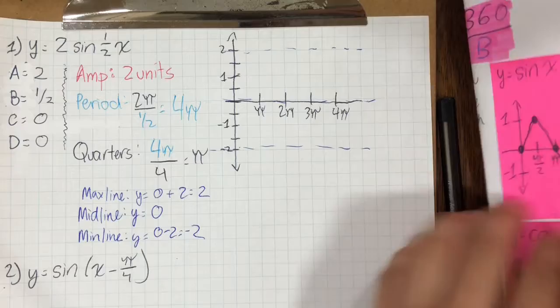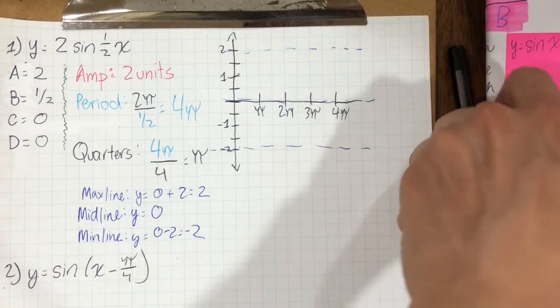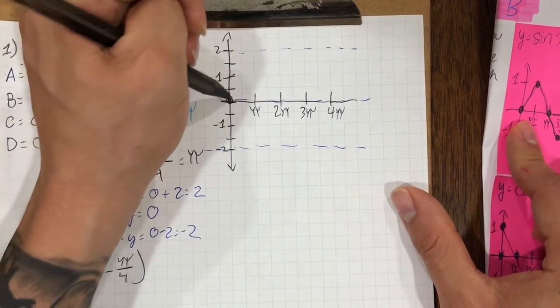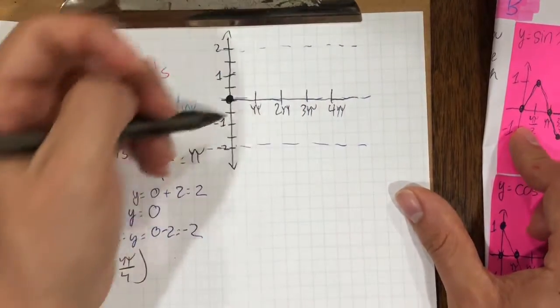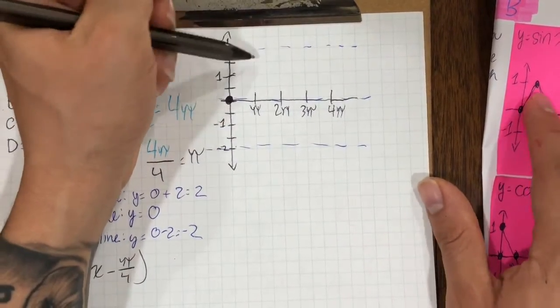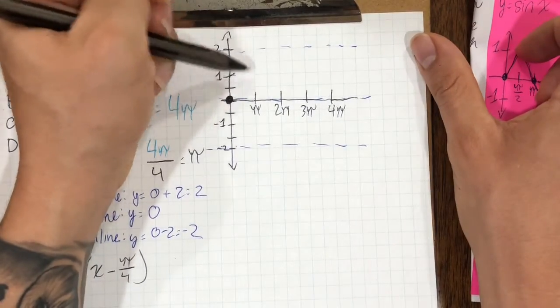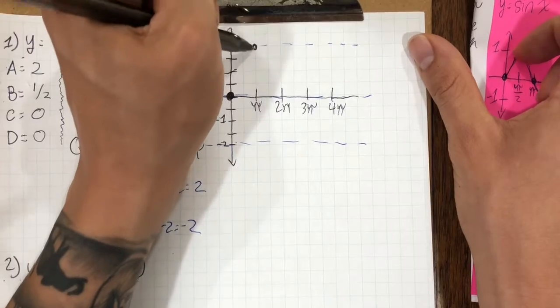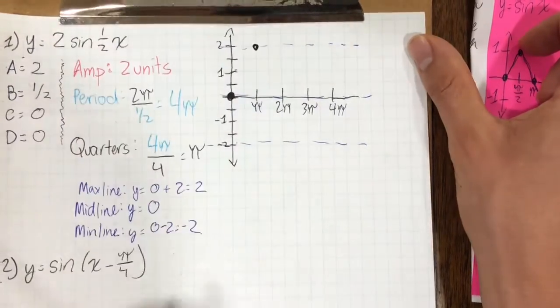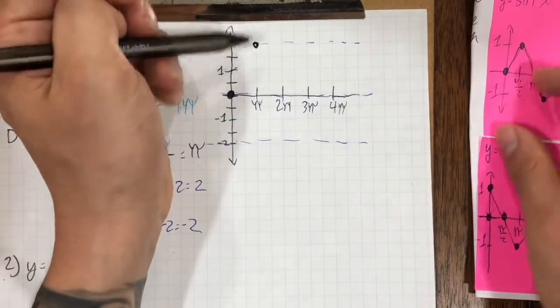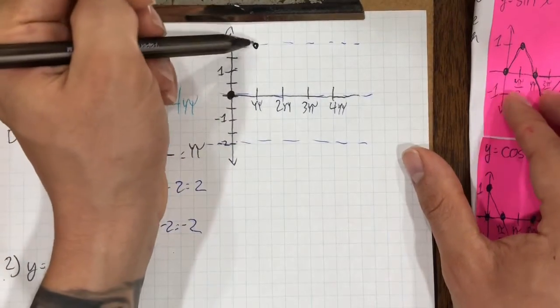All right, so let's go ahead. So we have 0, 0, which is my point on the midline. So it's still going to be in the same spot. So now I'm going to go from my midpoint to my max. So the next point to come would be pi, 2. If you guys recall, the maximums are all of the points at 2. Then we have mid, max, mid.